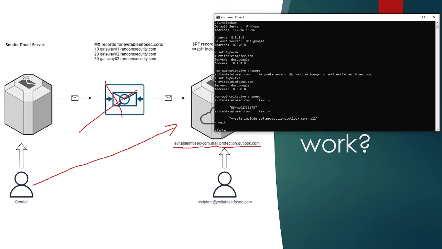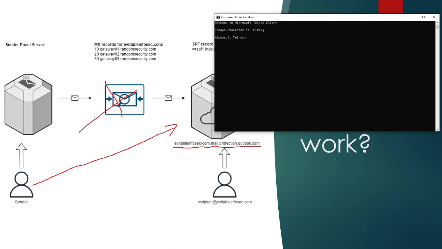We'll use Telnet. And what we'll try and do is connect to evitable-infosec-com.mail.protection.outlook.com on port 25, which is in line with the Microsoft naming convention. Let's see if we can connect directly to it now. And look at that.